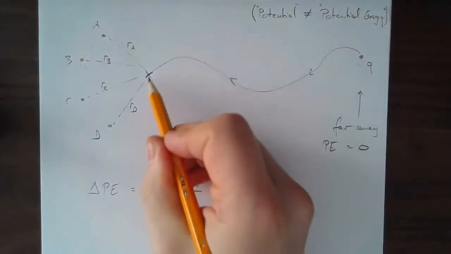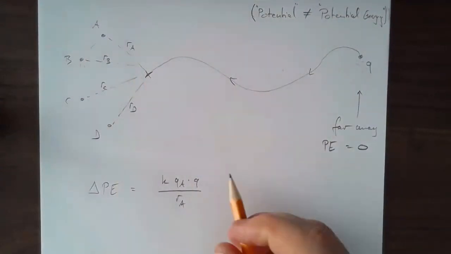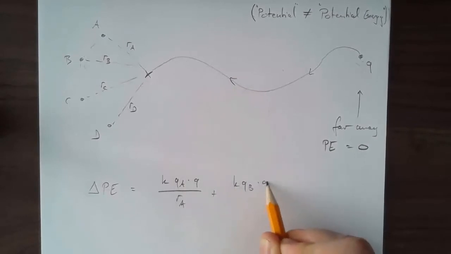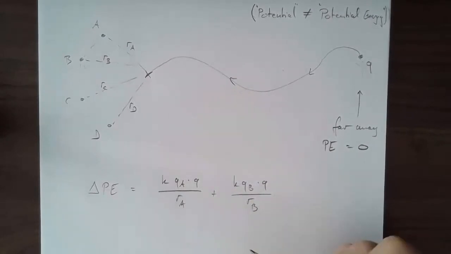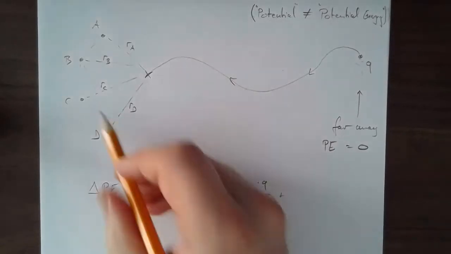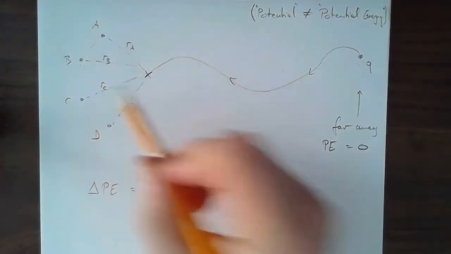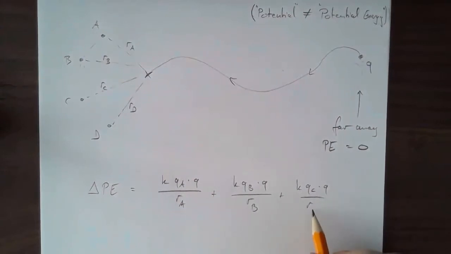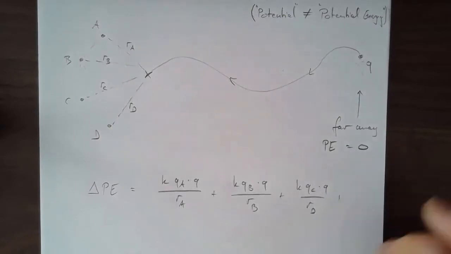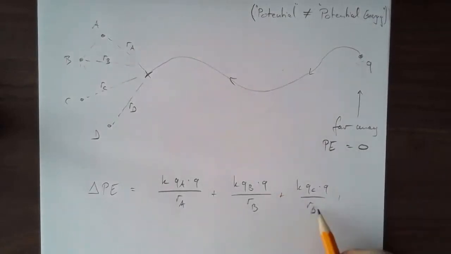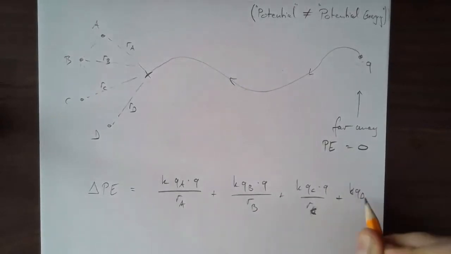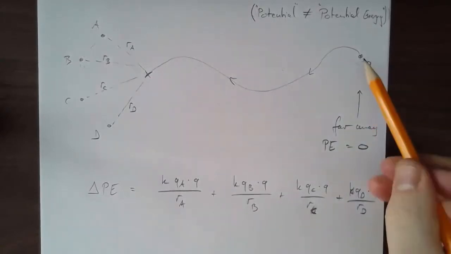It was 0 before, now it's this. I'm going to add to it k Q_B times Q over R_B. I'm going to add the third interaction, k Q_C times Q over R_C. And then add the last one, k Q_D times Q over R_D. Each of them was 0 before.